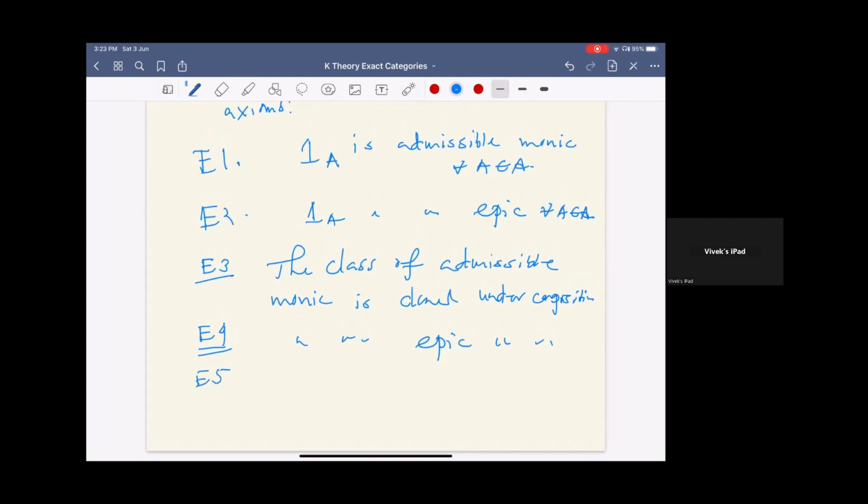And E5 says that the pushout exists along any arbitrary morphism. The definition says the following.